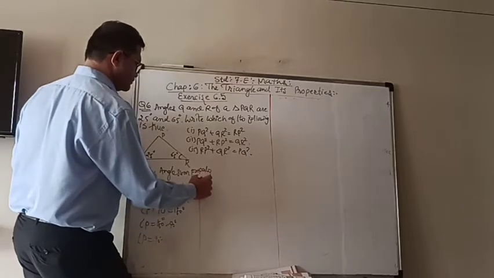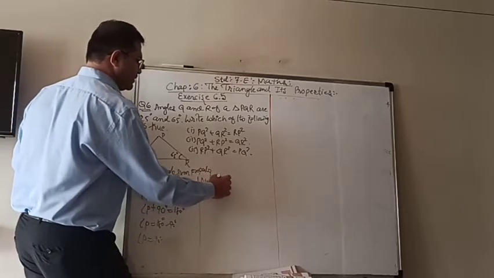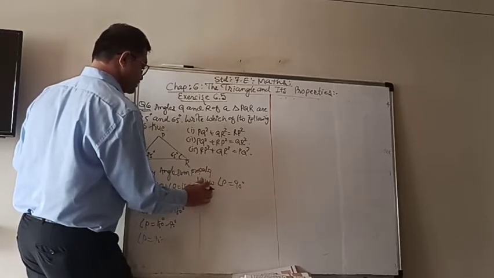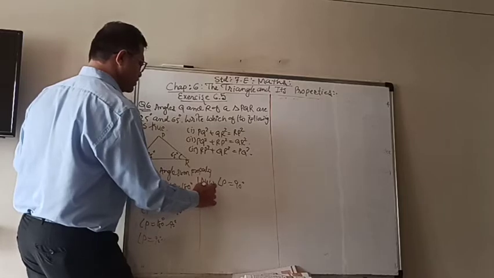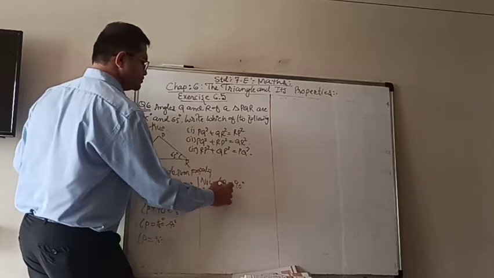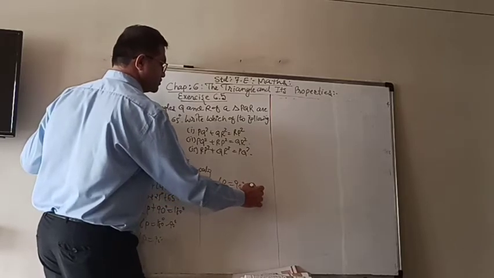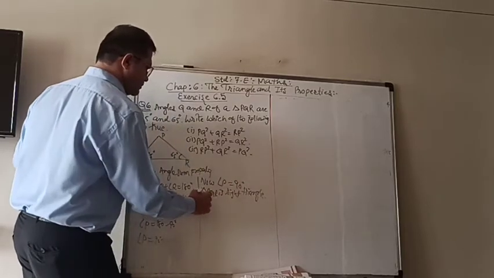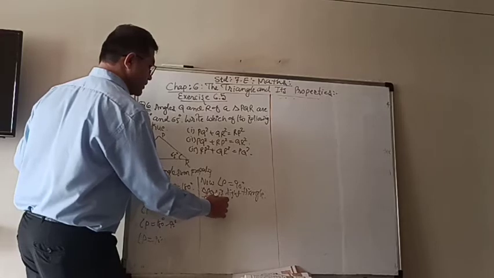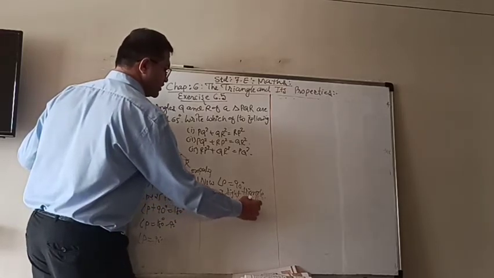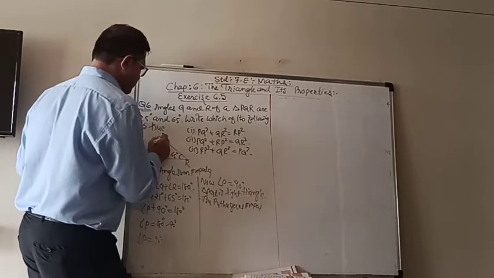So now angle P is 90 degree. Therefore, triangle PQR is right triangle. And therefore, by Pythagoras property, now you can see that this is the right angle.